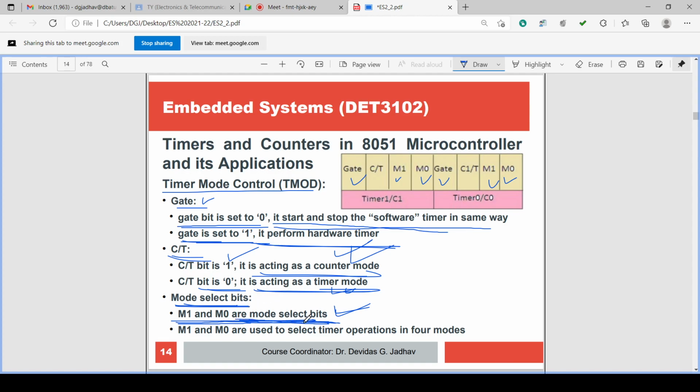Both are mode select bits, used to select timer operations in 4 modes. So obviously M1 and M0 have total 4 different combinations, and these 4 combinations will offer 4 different modes.